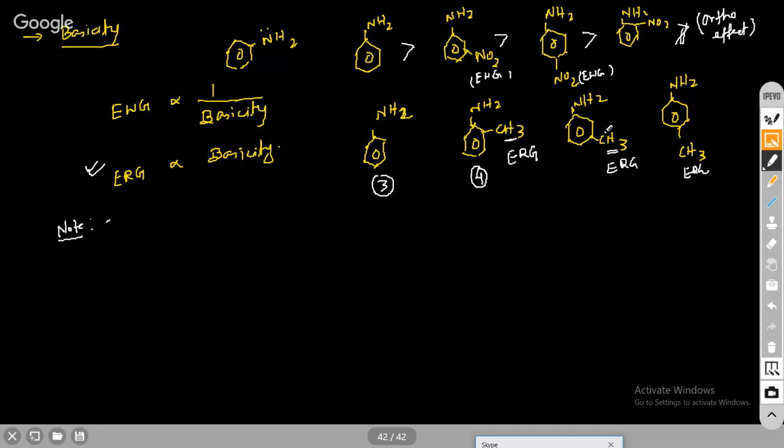Fine. NH2 is the ortho para directing group, obviously. So this first one will be this, second one will be this, third is this, and fourth will be this. Right? Para substituted aniline, if the substituted group is electron releasing group, then that will be most basic. Understood?